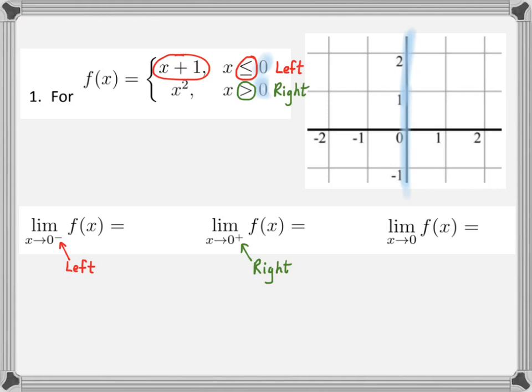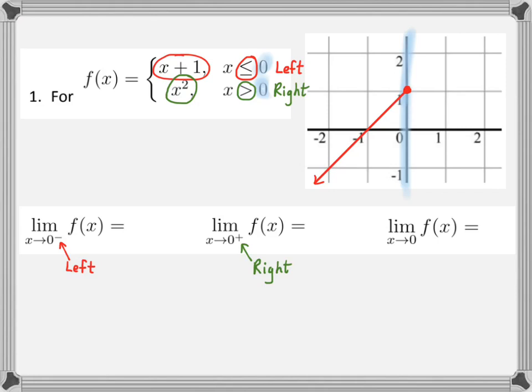Okay, so let's draw a graph of this function to help you understand the limits. First we graph x plus 1. That's a linear function, has a y-intercept of 1, so I'm going to put a little point right there. And it has a slope of 1, so that would go like this. But just on the left-hand side, of course. Then x squared applies on the right side of that line.